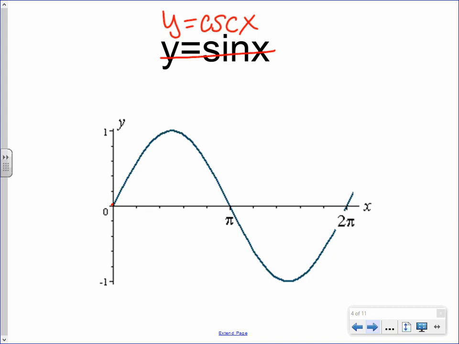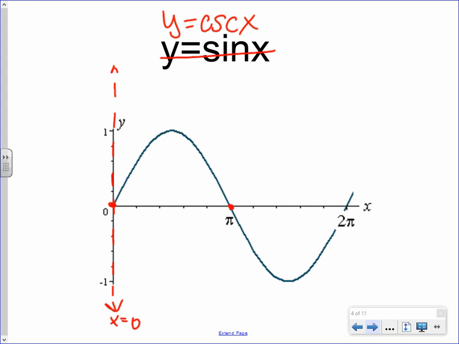Right here at 0, the sine value is 0. If we take the reciprocal, what's the cosecant value? Undefined. So we would have an asymptote there at x equals 0. How about here at pi? The sine of pi is 0.